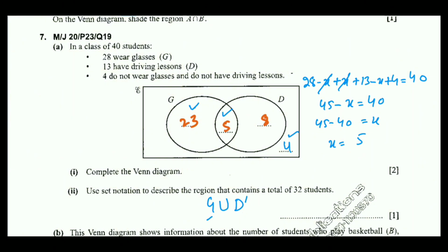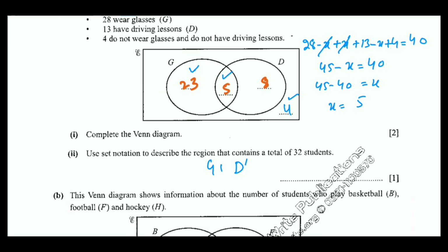I can write it directly, as I can see that this is a union. If this whole part is included, it means we have to write here union. G union D complement. So the answer is G union D complement.